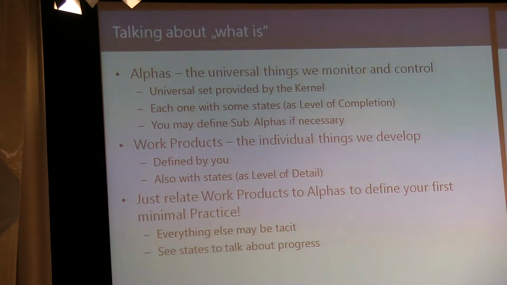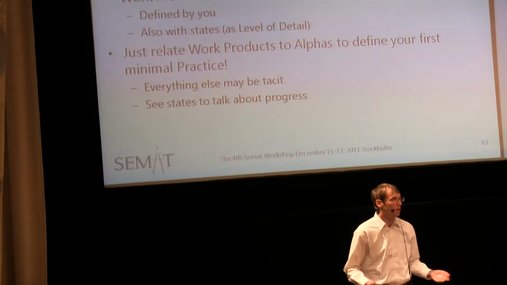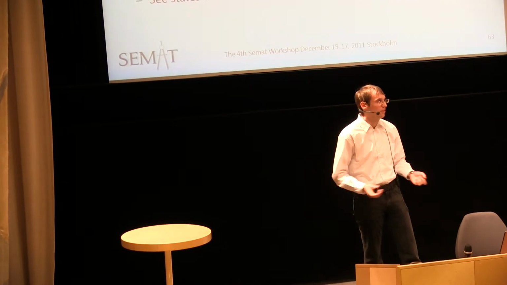You might find out a software system was one of the alphas. Yes, there's always a software system if I develop software, of course. But a software system is a very, very general term. So let's have some sub-alphas, some parts. What are the parts of a software system?